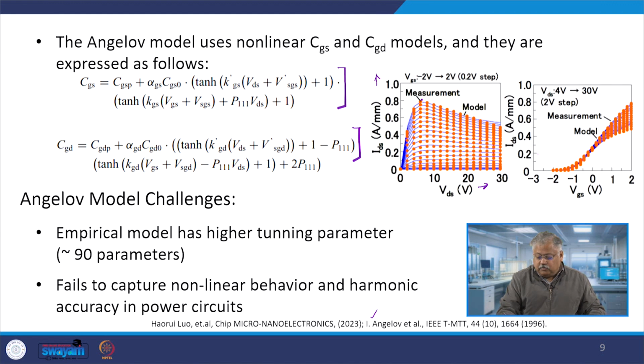Similarly, if you plot ID versus VGS, at 0 voltage you will have some value, but as the gate voltage increases, it goes on increasing. This is the measurement and model values taken together, from, I think, 4 volts to 30 volts at a step of 2 volts. The measurements have been done, and here it is from -2 to +2 in steps of 0.2 volts, and you can see that the measured values and the model values match.